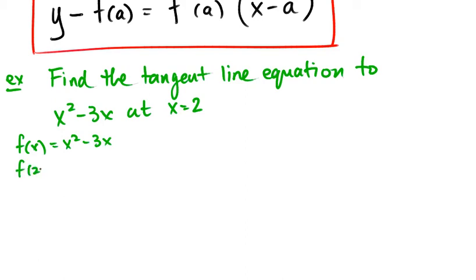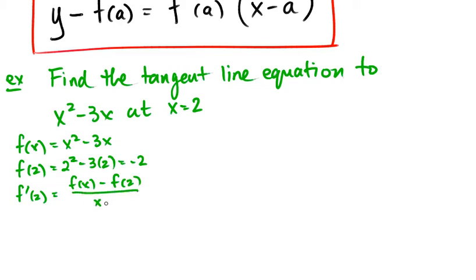We will need to know f of 2, which is 2 squared minus 3 times 2, or negative 2, and we need to go and calculate f prime of 2. And f prime of 2 is f of x minus f of 2 all over x minus 2, and we need to take the limit as x approaches 2.